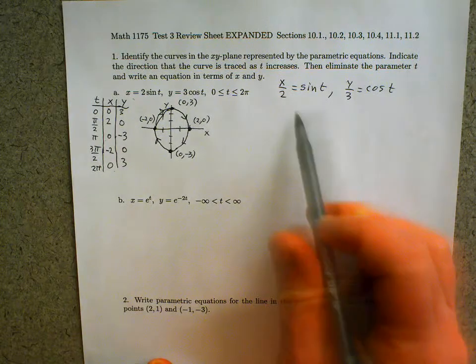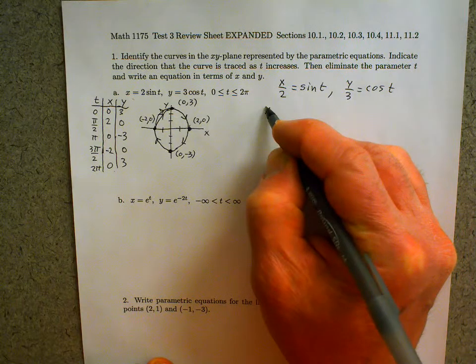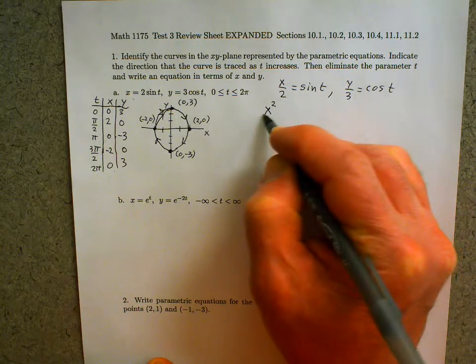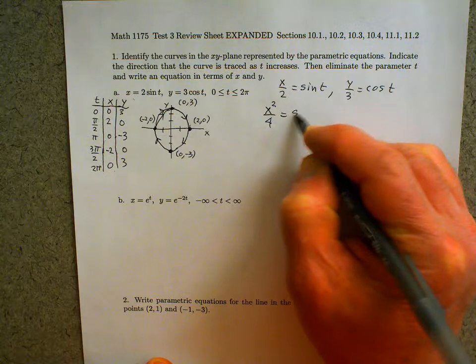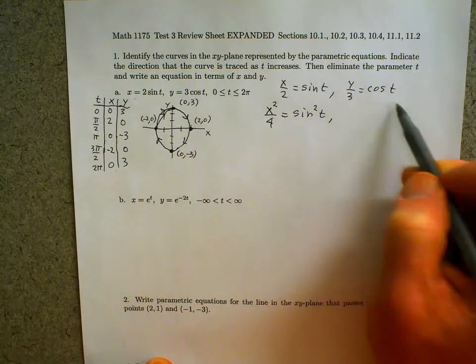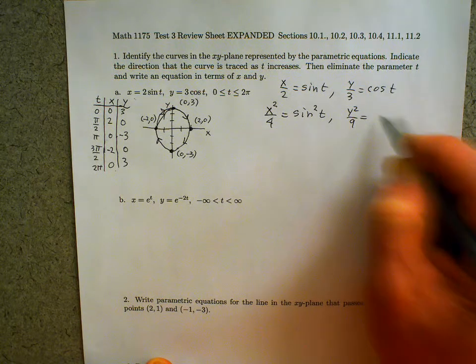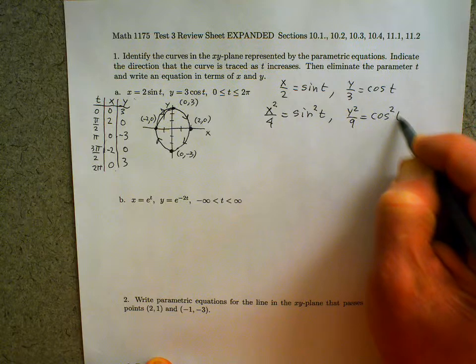Then in each of those equations, square both sides. So on the left-hand equation, we have x squared over 4 equals sine squared of t. Square both sides of the other equation, we get y squared over 9 equals cosine squared of t.